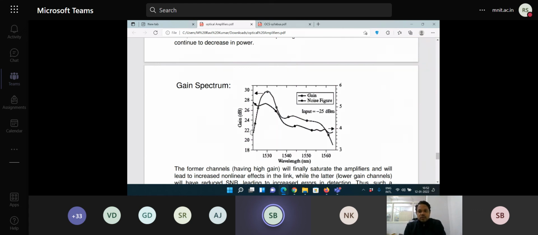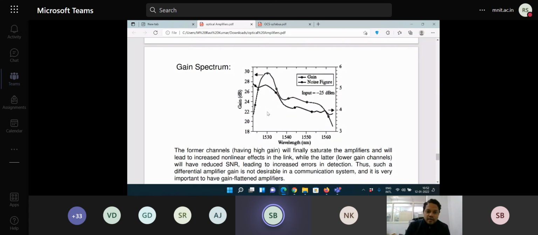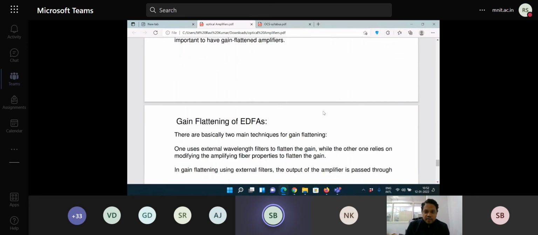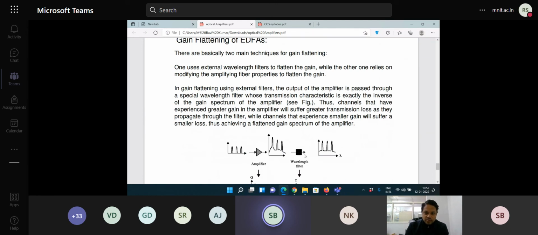So in order to flatten the entire gain spectrum, a wavelength filter can be used as is given here. If this is the input, we can use the erbium doped fiber amplifier and get the amplified signals. And we can see that at 1530 we have a high amplitude output, and at 1540 and 1560 the optical power is lower.